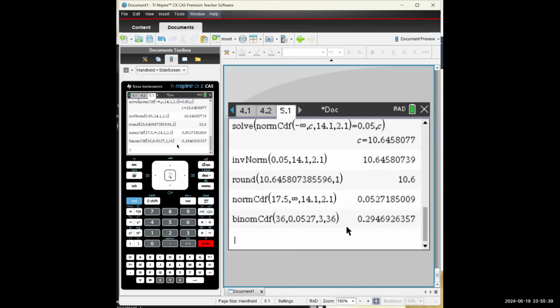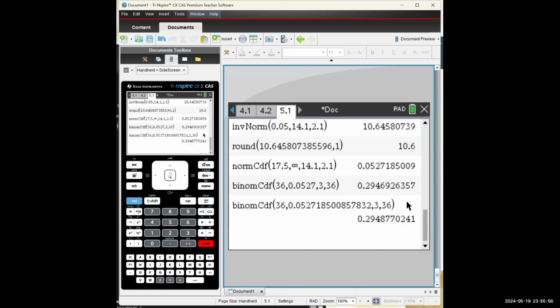So you will get a 0.2947, okay? 0.2947. And let's see what's the difference between using the rounded value and the exact value.